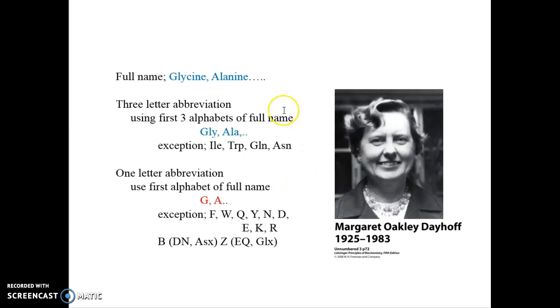Each individual amino acid has a full name, as I mentioned. In addition, there is a 3-letter name. For glycine, it's just Gly. Alanine, just Ala, using the first three letters of the full name.